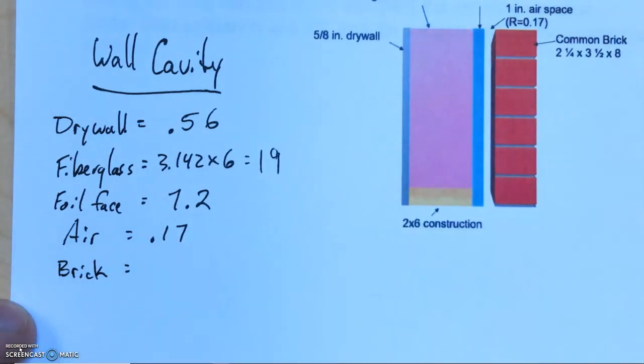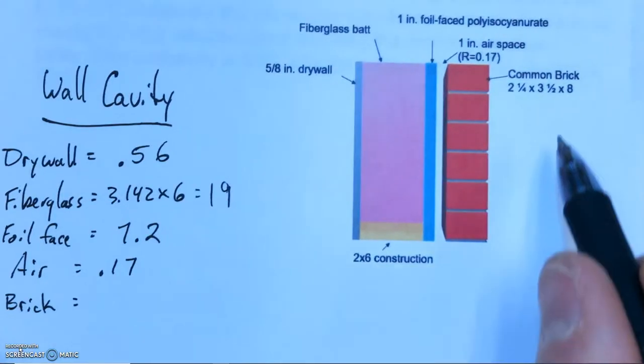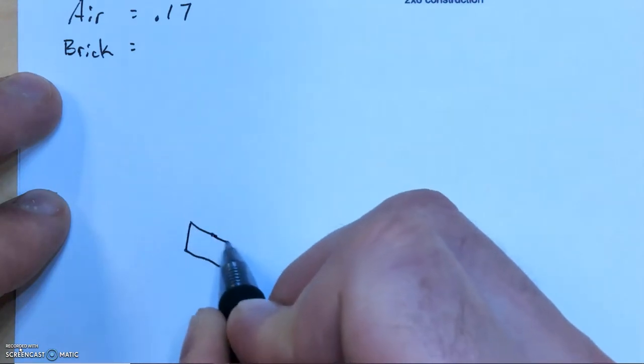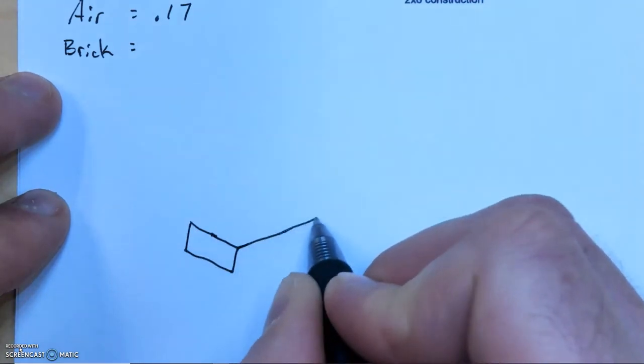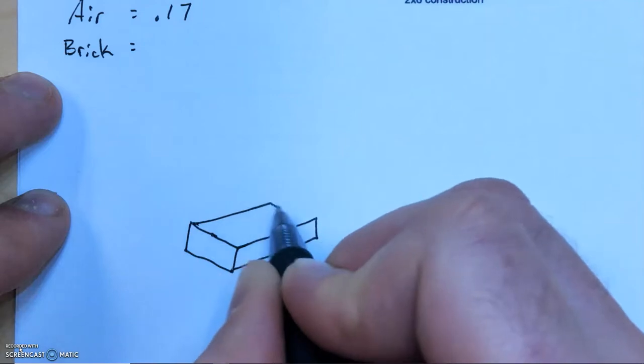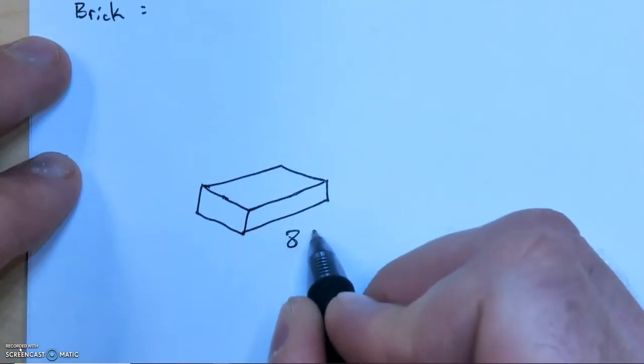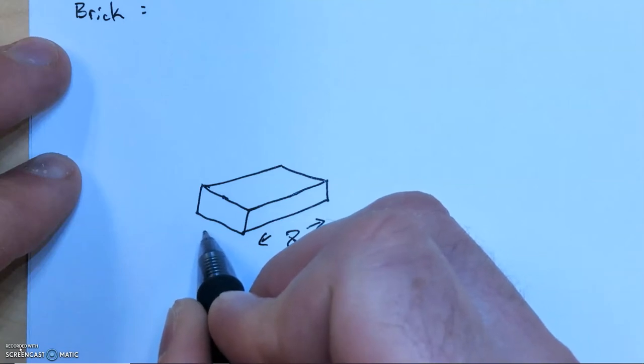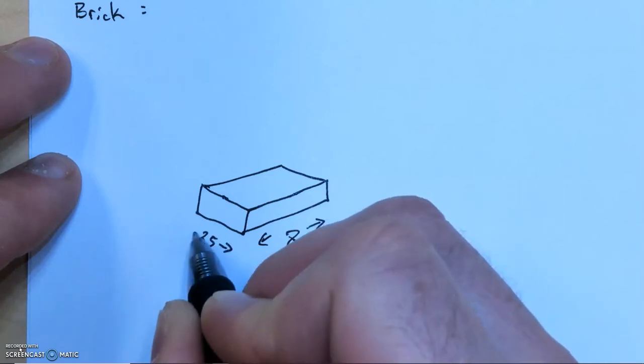Now the brick, they give you some measurements here. So let's look down here. So we got a brick drawn out. It's going to be 8 inches that way, and it's 3.5 going this way.